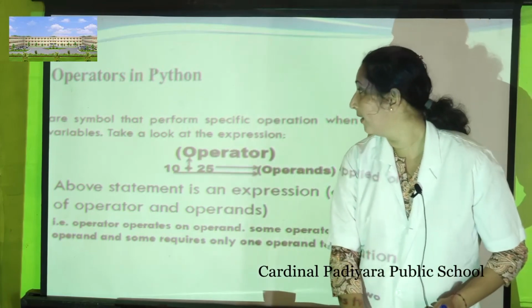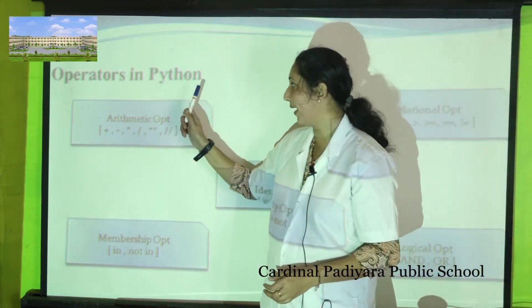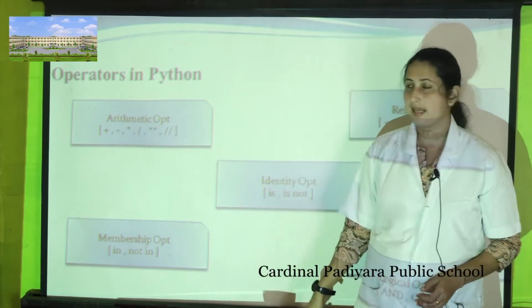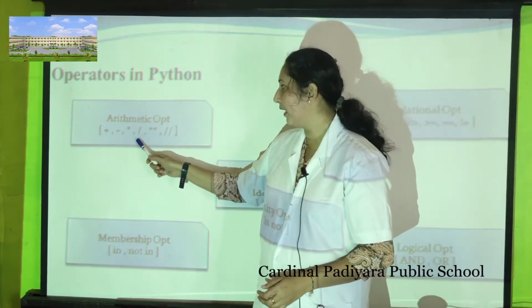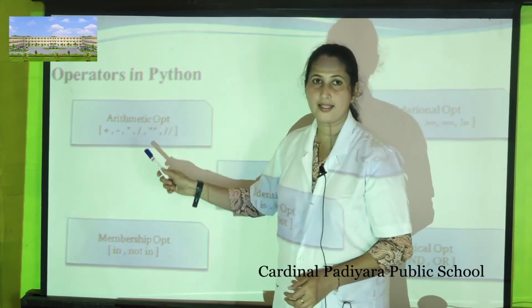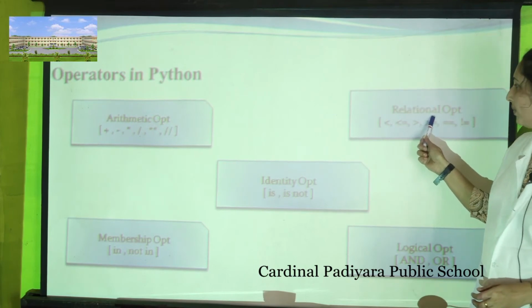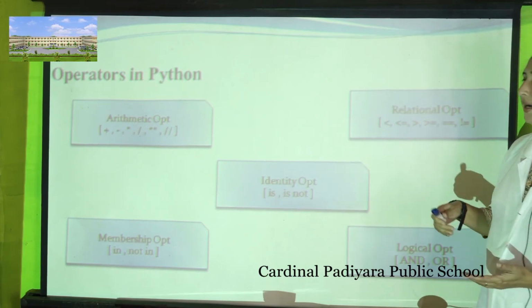There are many types of operators in Python. Arithmetic operators mean plus, minus, division, raise to, and floor division. Relational operators mean less than, greater than, equal to, not equal to.